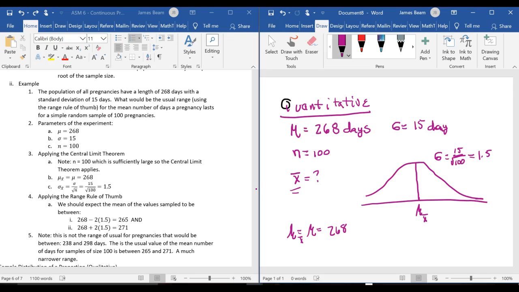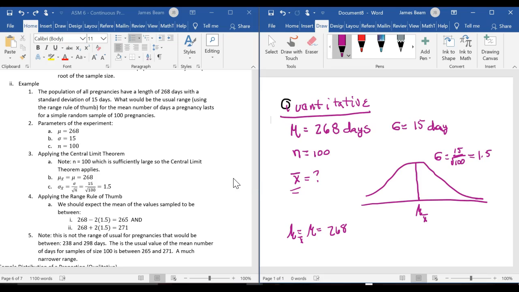Which means that if I keep sampling this population over and over again, grabbing 100 people at a time, and I take the mean length of those pregnancies, those results are going to have a mean of 268 with a standard deviation of 1.5.